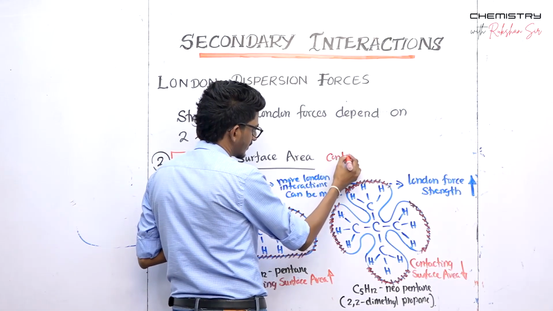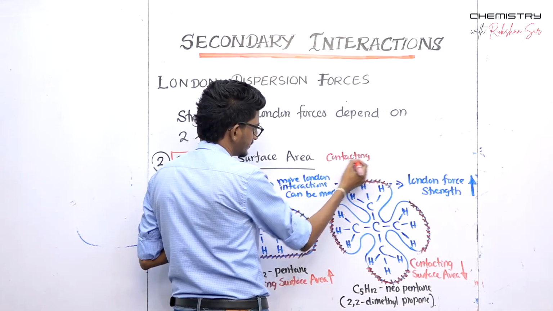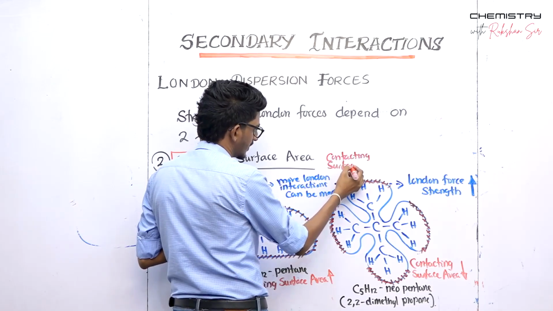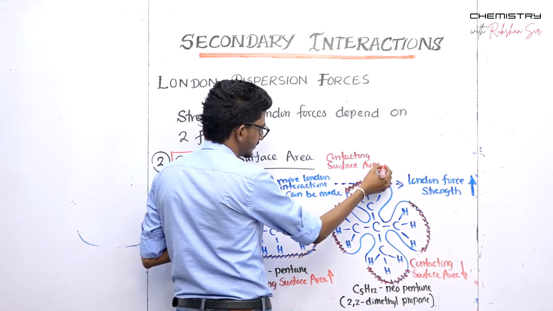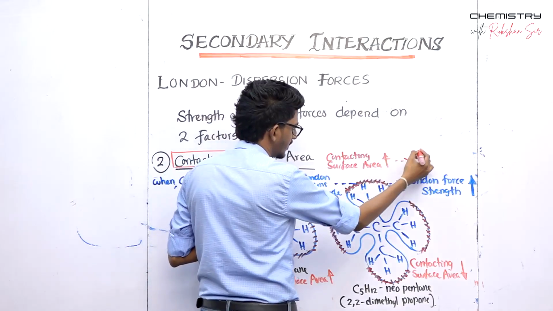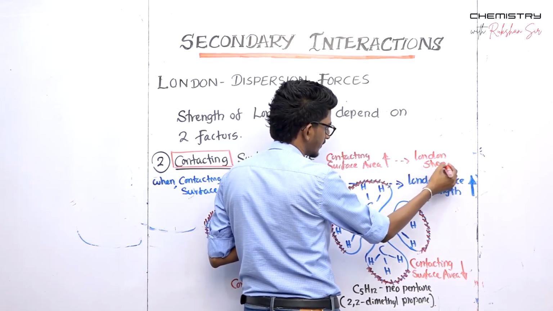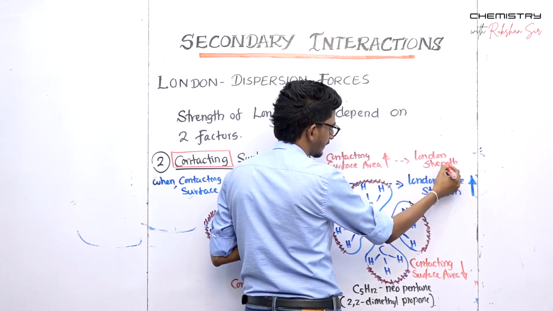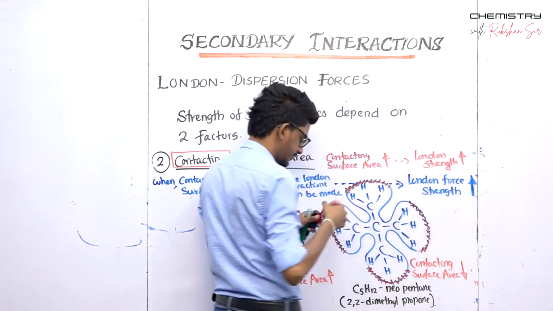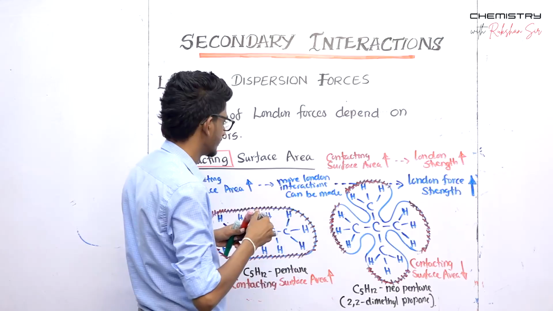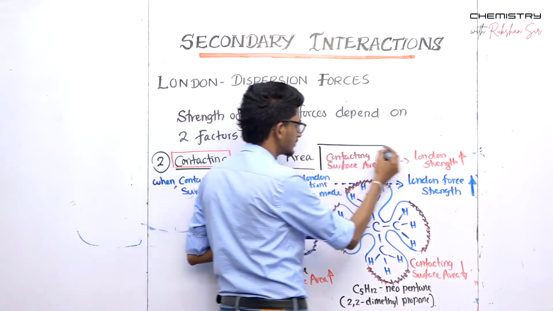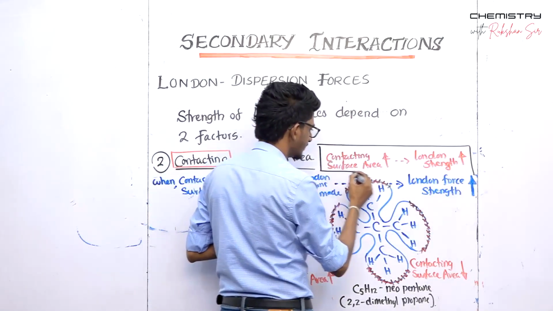When the conducting surface area is high, London force strength is high, right? So that is the idea.